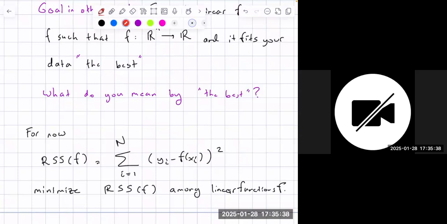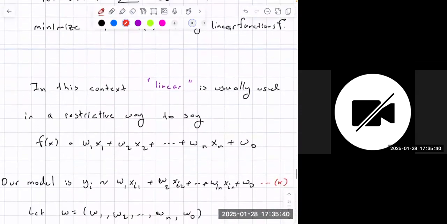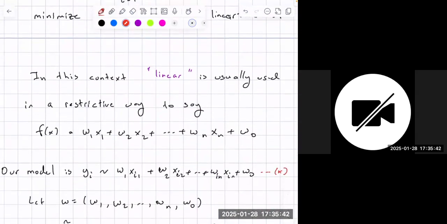Now, what do I mean by linear? When people just say linear regression, what's usually meant in this context is this. Take every feature, multiply it with some number, and you're allowed to add a number at the end, which is not multiplied with any feature as well.